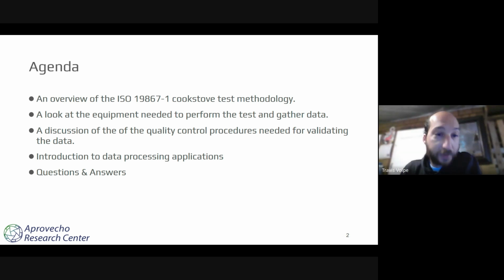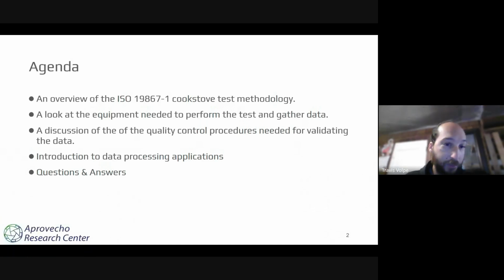We'll be having another look at both the quality control procedures that we use for validating the data at the end of the test, as well as doing the calculations to convert it into useful and meaningful numbers that we can use for comparisons. We'll also have a brief look at the data processing applications. We'll have a little question and answer session at the end as well.